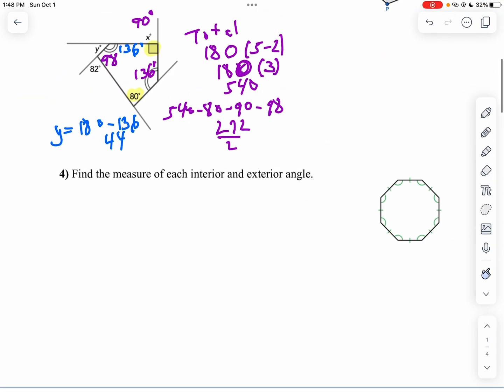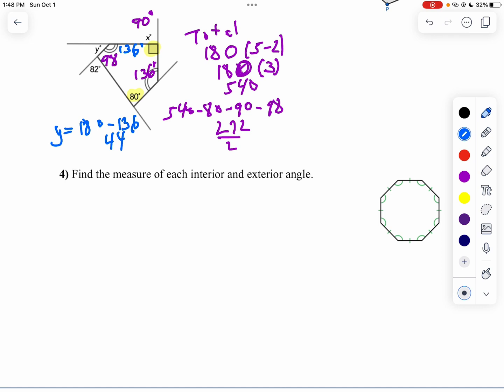On number 4, if we count the sides here again, actually we can see that it's 8 sides, isn't it? So the measure of each, in fact, let's do the exterior first, because I think that's easier to see and to explain. So each exterior angle, since it's regular, is going to be 360 divided by 8.